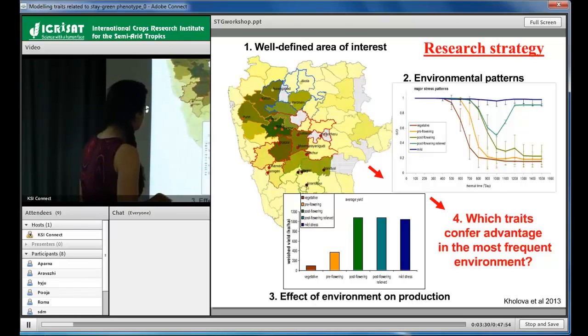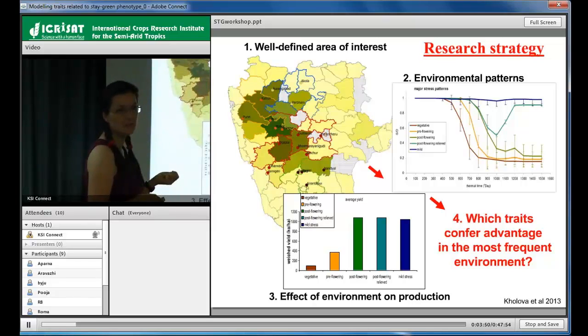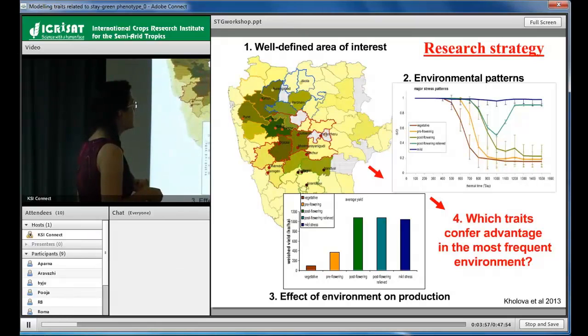So we have characterized each of the cropping seasons across this area, and we were able to cluster these crop trajectories, or environments which the crop is facing with regard to water availability across the season. You see that there are various types of stresses with terminal progressions, but there are also quite plenty of seasons where the crop is not facing much water limitation, and also some type of intermittent drought stress.